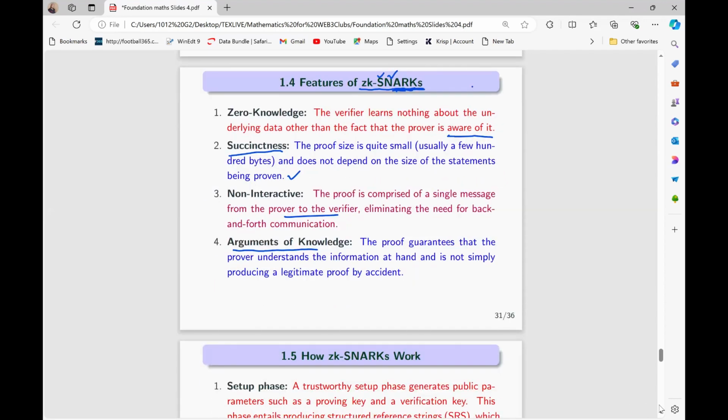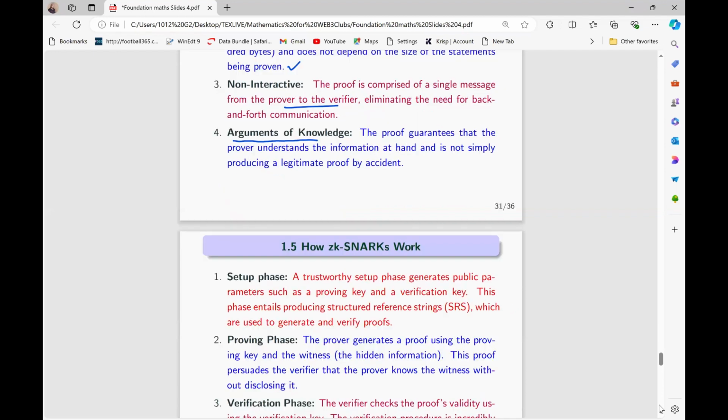Now, how does it work? How do ZK-SNARKs work? Of course, I already said there's a lot of mathematics behind it, from polynomials to elliptic curves, cryptography, and so on, all those combined together. But how does it work?